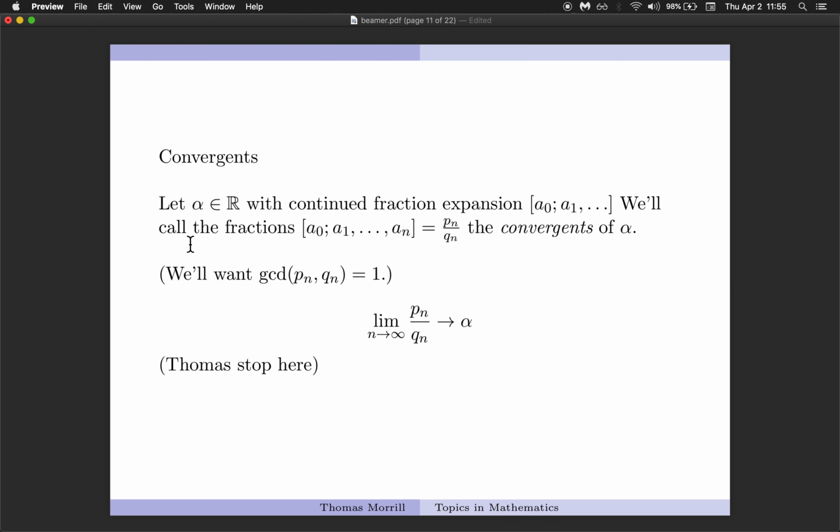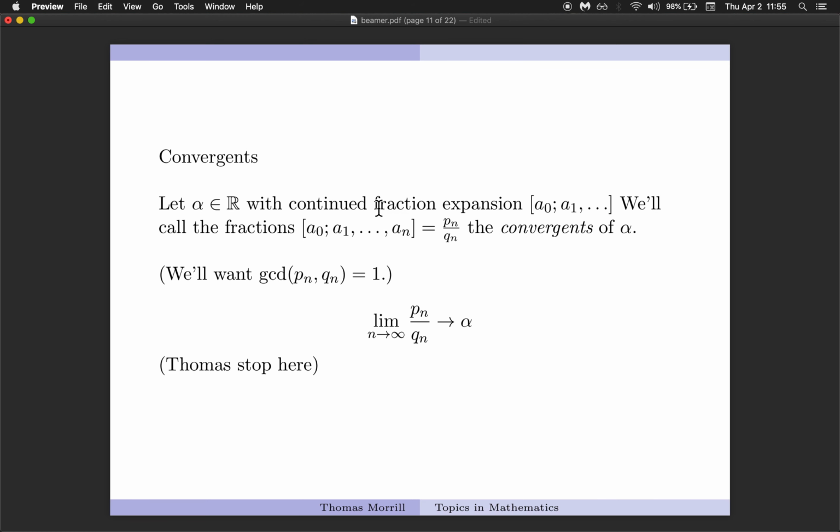Any fraction a0, a1, but stopping at an, is a special fraction because it is approximating alpha. It's supposed to be close to alpha. So I'm going to call this fraction a convergent of alpha. That's my new vocabulary for today. So make sure you're staying on top of what a convergent is.